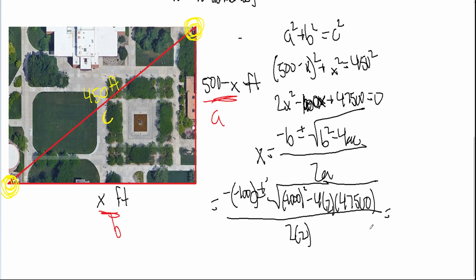And so when you do that, you end up with x being equal to 25 plus or minus 25 times the square root of 62.